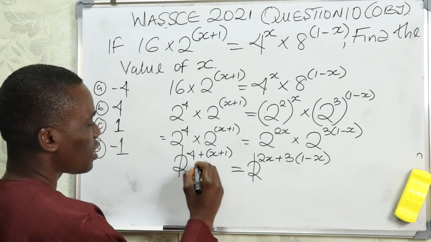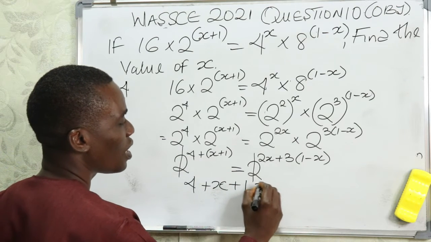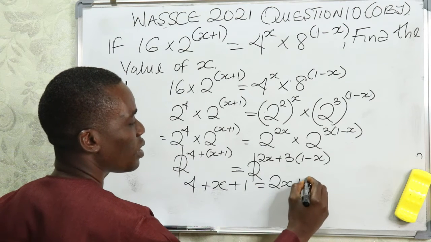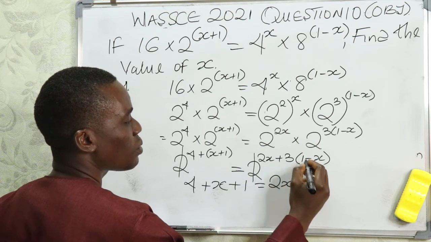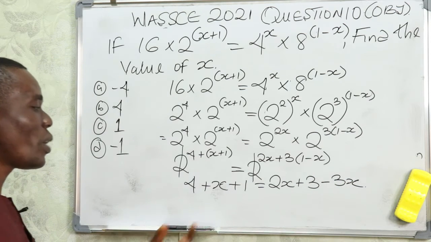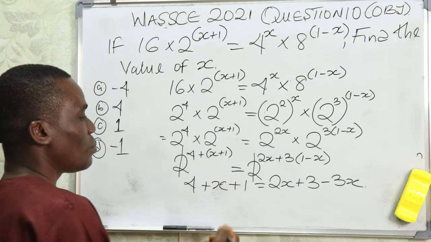So the powers will now be 4 plus x plus 1 equal to 2x plus 3 times 1 will give us 3, plus times minus will give us minus 3x. Now we can go ahead to simplify by collecting like terms.